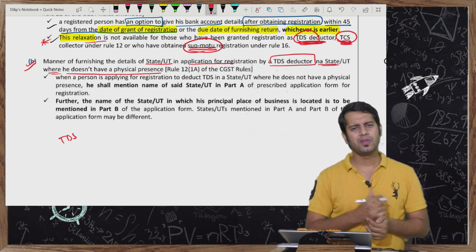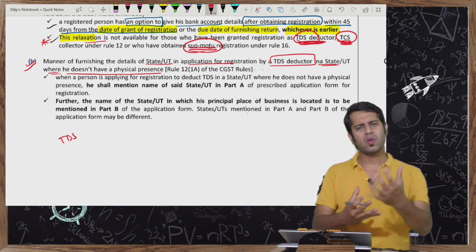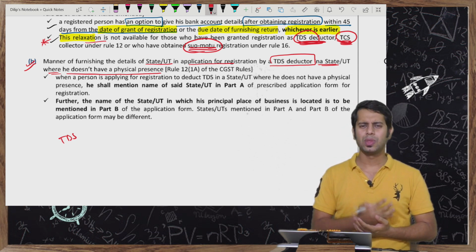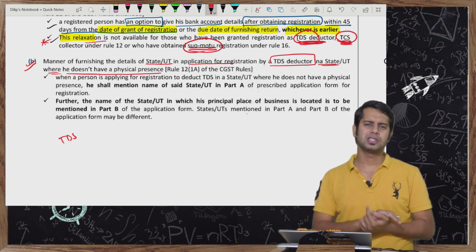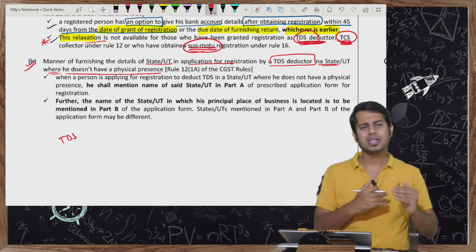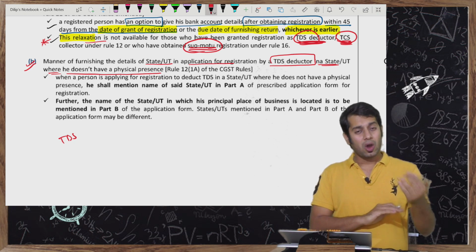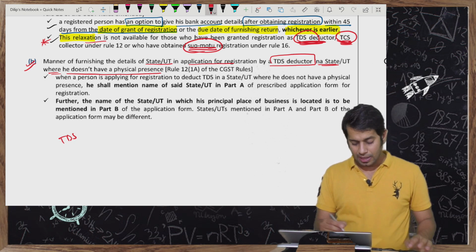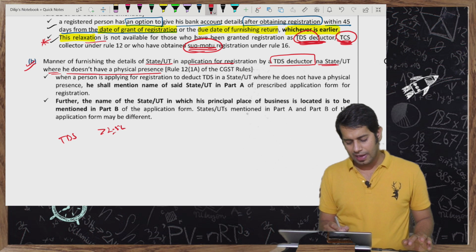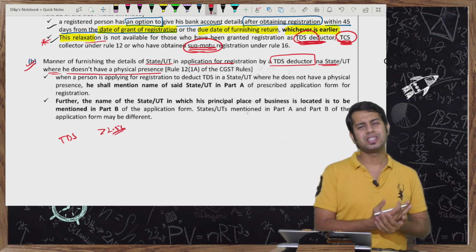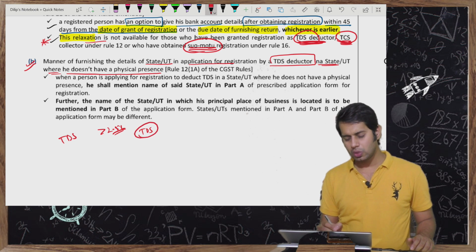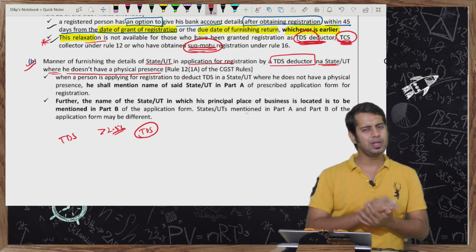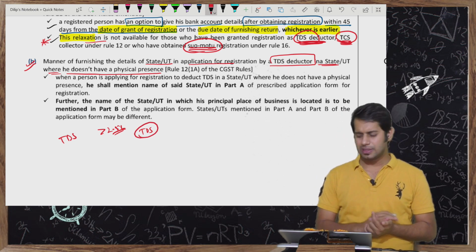As per section 51, if you supply goods or services to a government entity or other persons notified by government, and the value exceeds 2.5 lakhs, then at the time when they make payment to you, they are required to deduct taxes and give the balance amount to you.